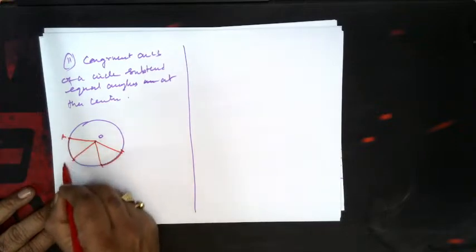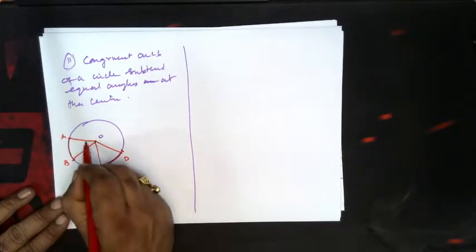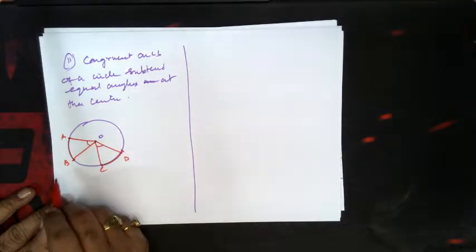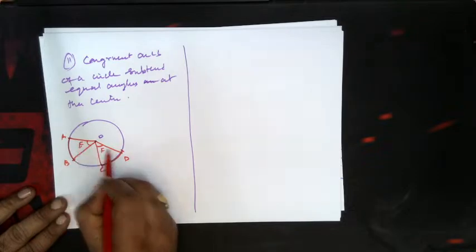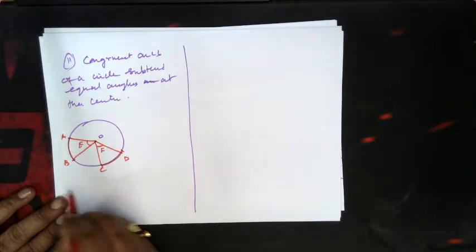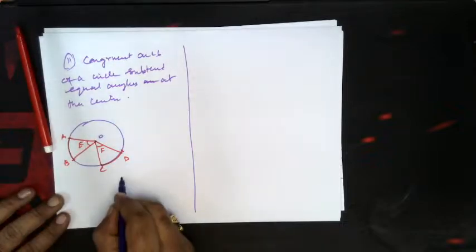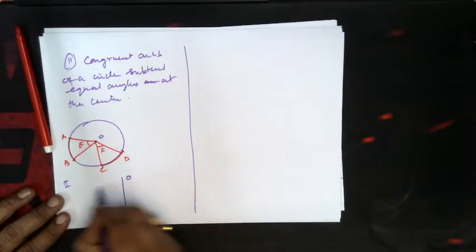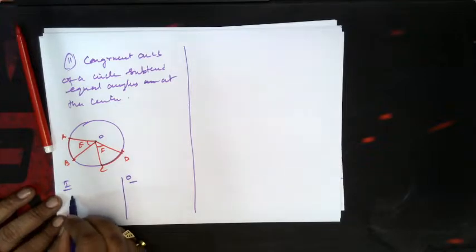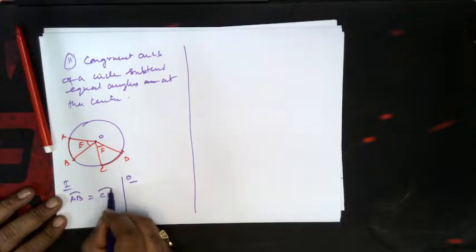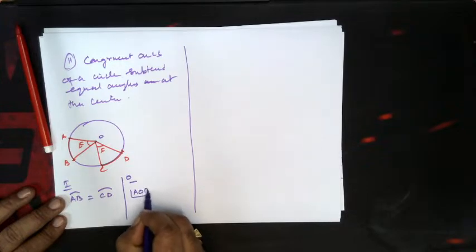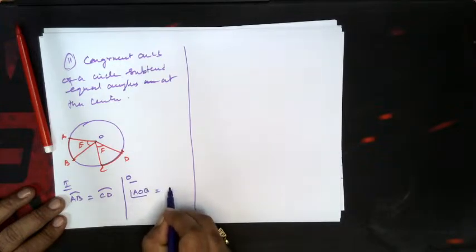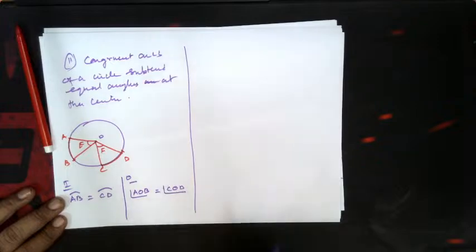Let me say arc AB, arc CD, and the angle EF. So this is input, this is output. Arc AB is equal to arc CD. In that case, angle AOB is equal to angle COD. That's all. Clear?